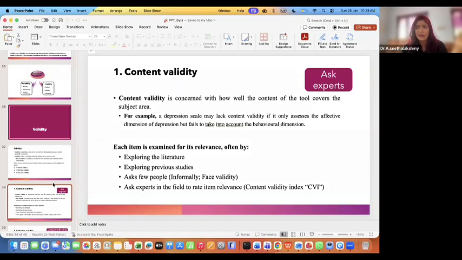Who are they? Maybe give it to a physiotherapist. Give it to an expert who understands this. Give it to any doctors. Give it to anyone who understands this idea. If I ask a question like this, will they be able to get what I intended to ask? Is it correct? Just ask experts.